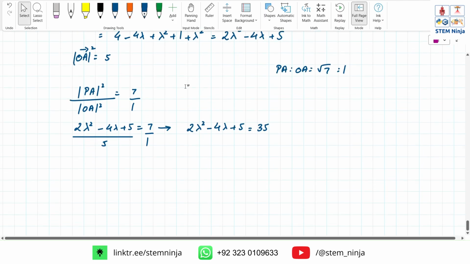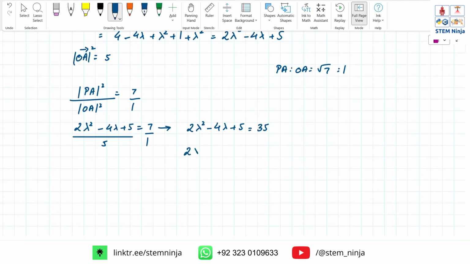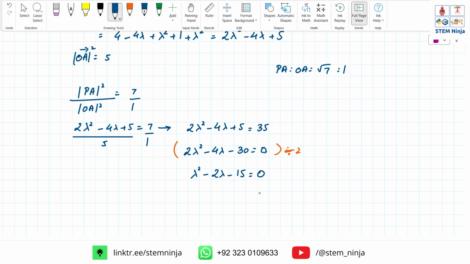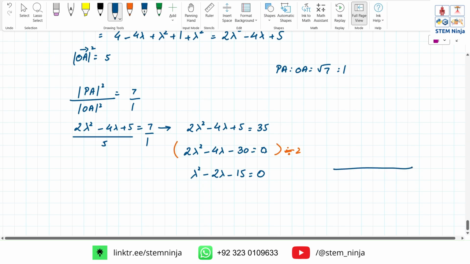Now, this requires a little bit of simplification. 2 lambda squared minus 4 lambda plus 5 minus 35 is minus 30. Divide by 2 on both sides. This becomes lambda squared minus 2 lambda minus 15. I think 3 and 5 could be the proper values.